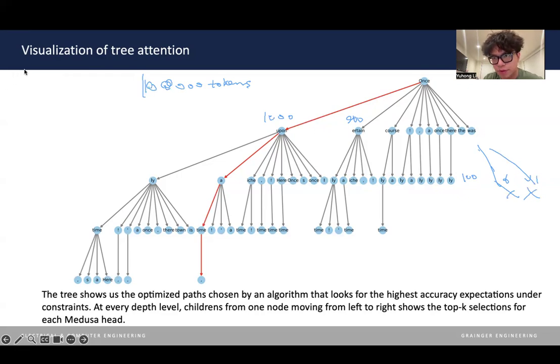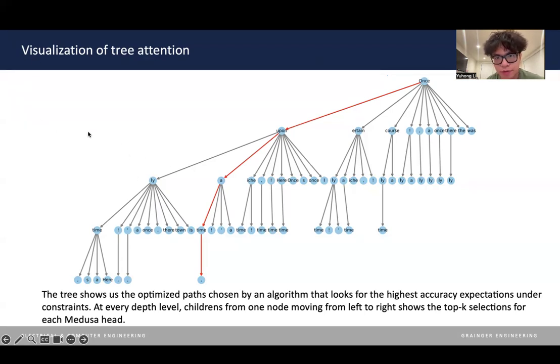So it's just based on statistical calculation. Very simple way to create an optimized tree. And once a tree is created, we make it static. So we configure this tree and don't change it during inference. We only use it statically for inference.